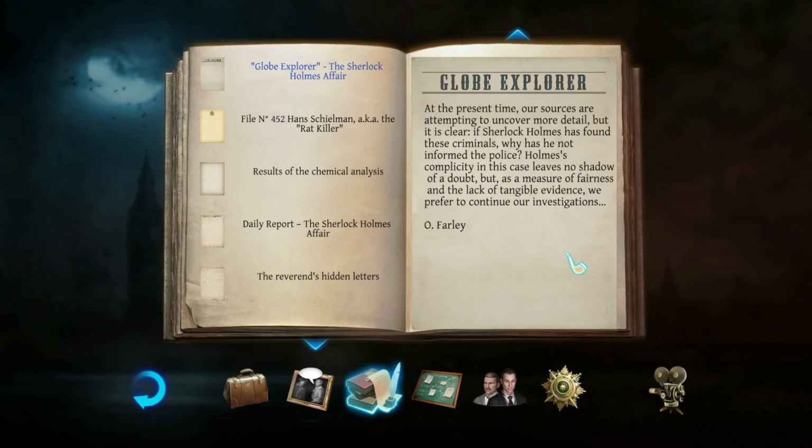At the present time, our sources are attempting to uncover more detail, but it is clear that if Sherlock Holmes has found these criminals, why has he not informed the police? Holmes' complicity in this case leaves no shadow of a doubt, but as a measure of fairness and because of the lack of tangible evidence, we prefer to continue our investigations.